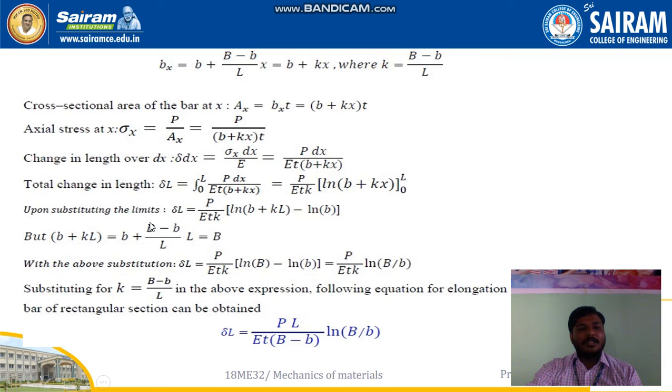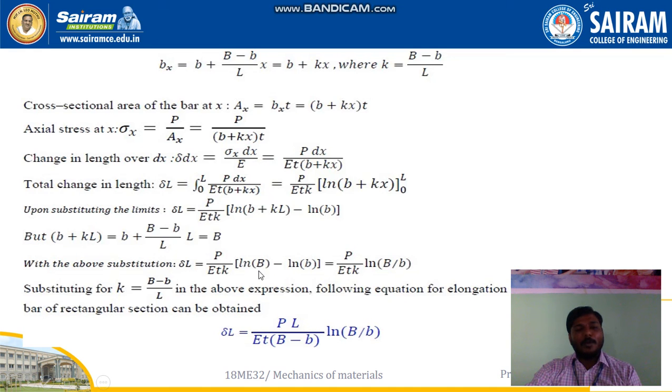By substituting these limits, we get the change in length delta L as load over Young's modulus into thickness into k, with limits from b to capital B, and with respect to L. But b plus kL will be equal to capital B, that is, the larger end.